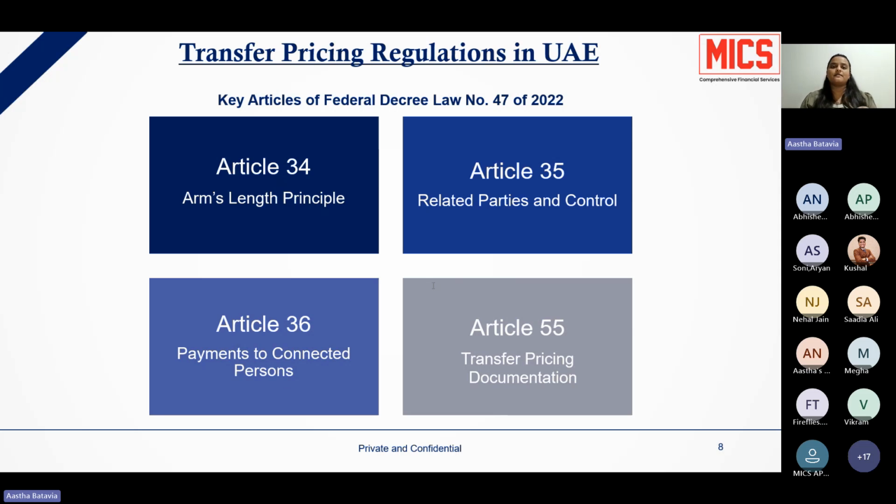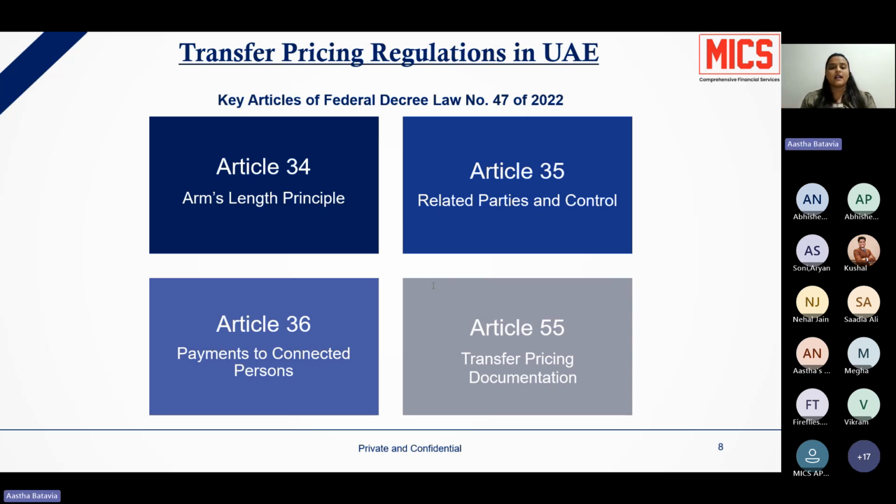Imagine you are managing a vault full of valuable articles. The vault has just 4 locks, small in number, easy to overlook. But if one lock is loose, the entire vault is at risk. That's how these articles work under the transfer pricing law. Each one looks short and simple, but together they protect the UAE tax system.